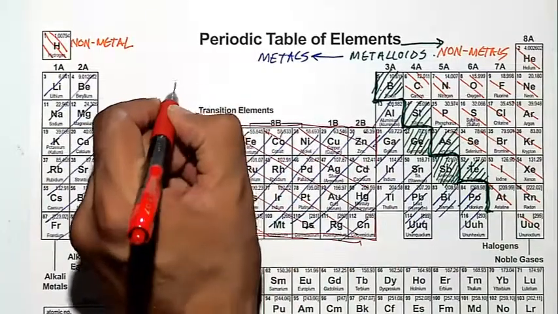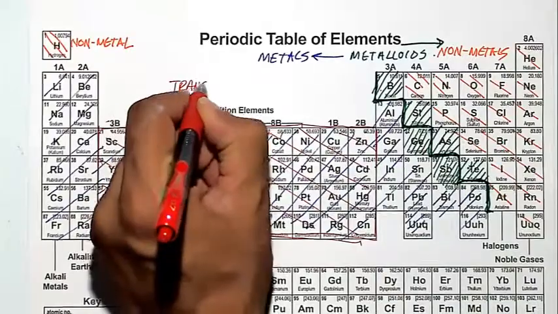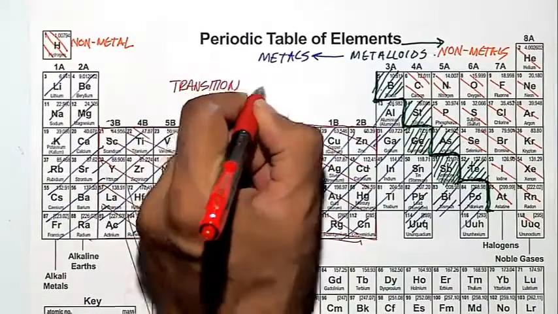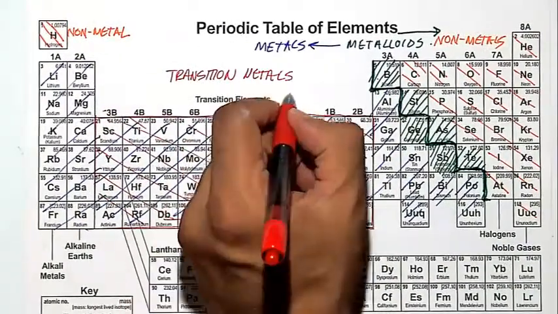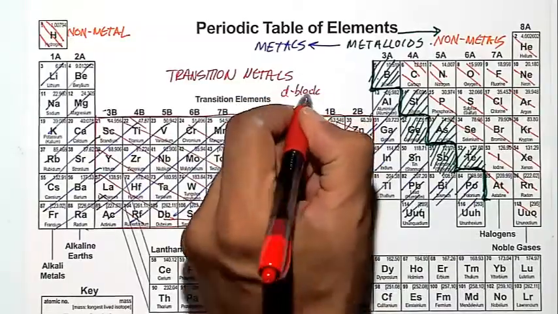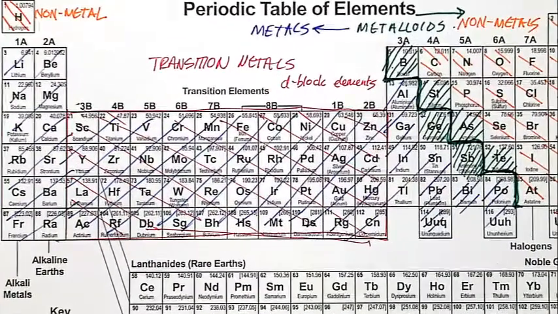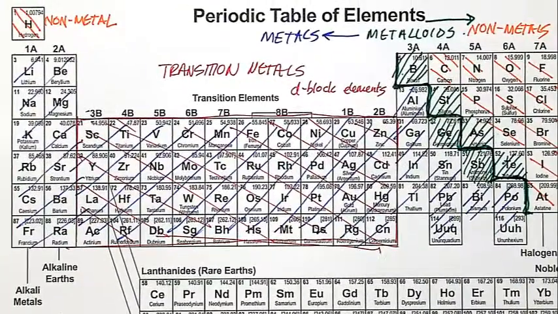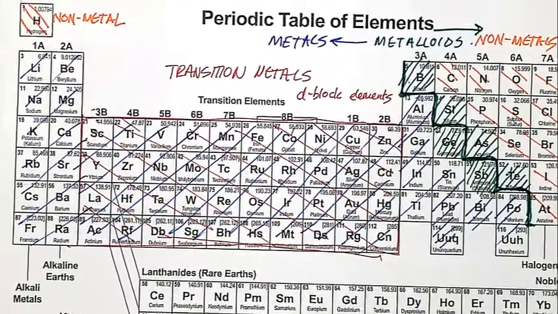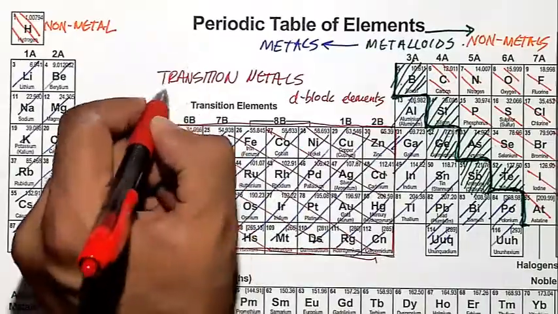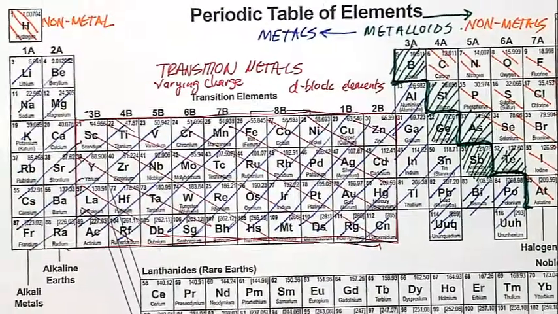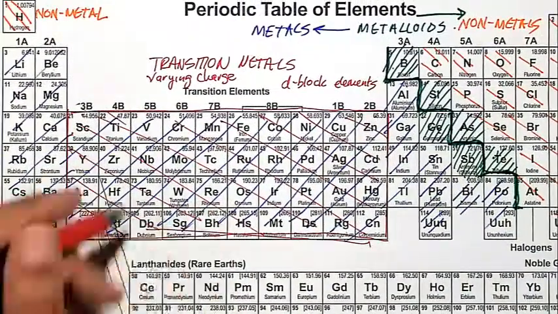These are called the transition metals. They're also metals, but they're transition metals. They're known as the D block elements because they have a D subshell, which we will talk about later in the course. And for now, the only thing we need to know about transition metals is that they have varying charges.